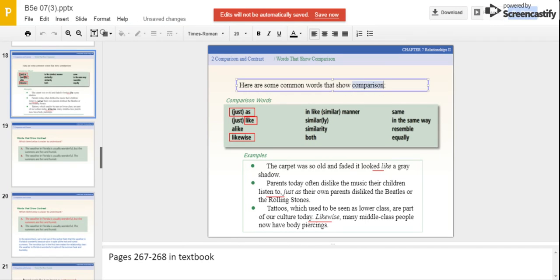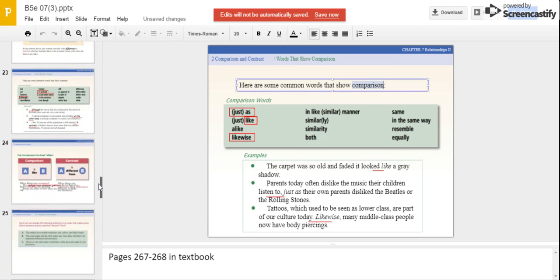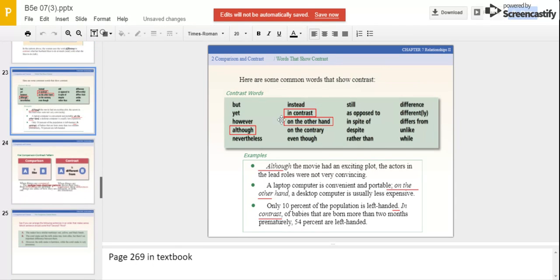Comparison means similarities, and look, this is a longer list. If you go further, you see on slide 23 bigger lists that show contrast, like that first one we talked about where we had differs and we had however.